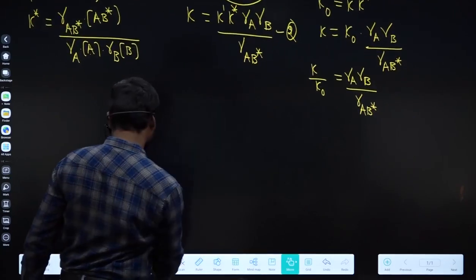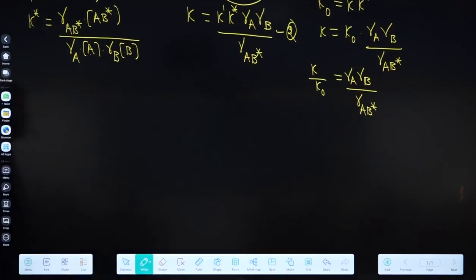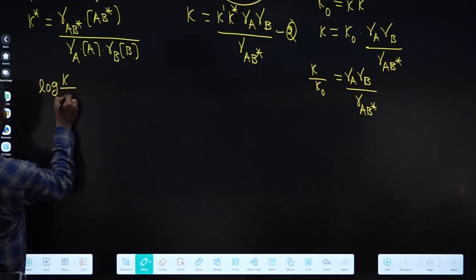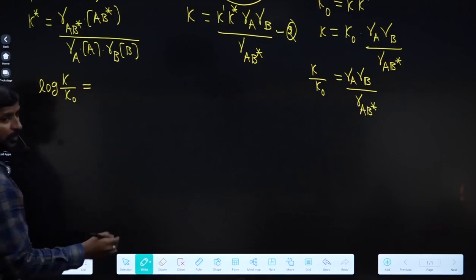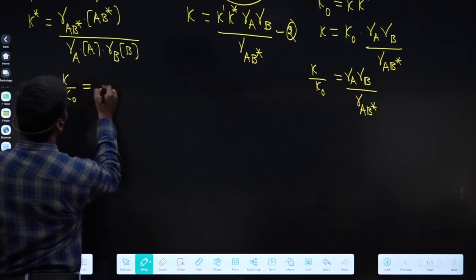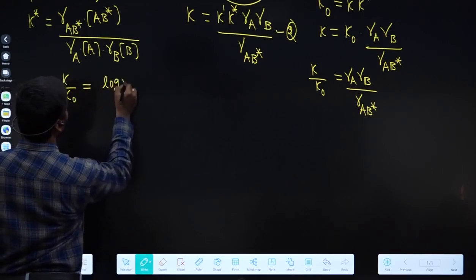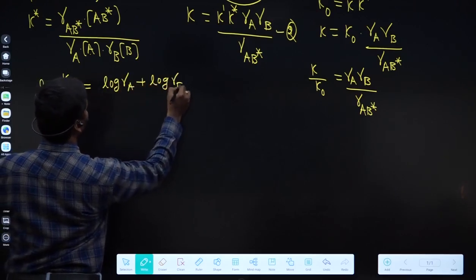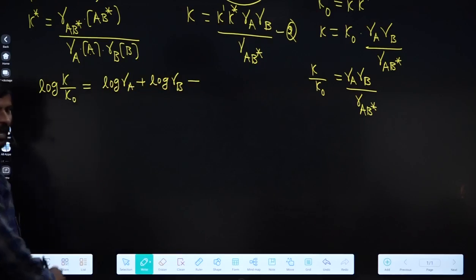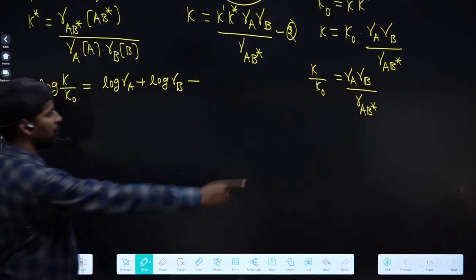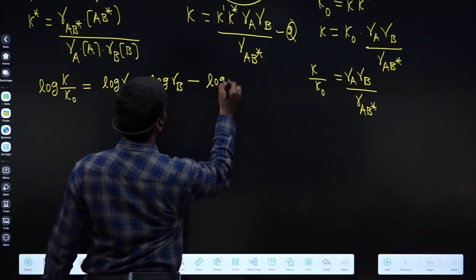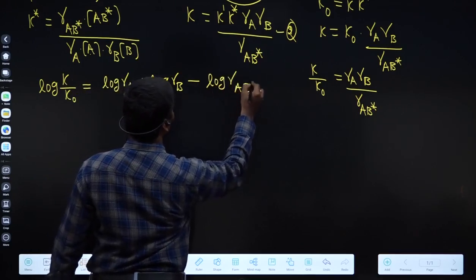Now if you take logarithm on both sides, log K by K naught is equal to: log of A into B gives log A plus log B, and log of A by B gives log A minus log B. So therefore, log gamma A plus log gamma B minus log gamma AB star.